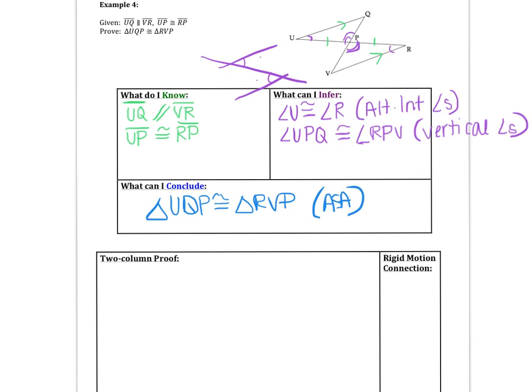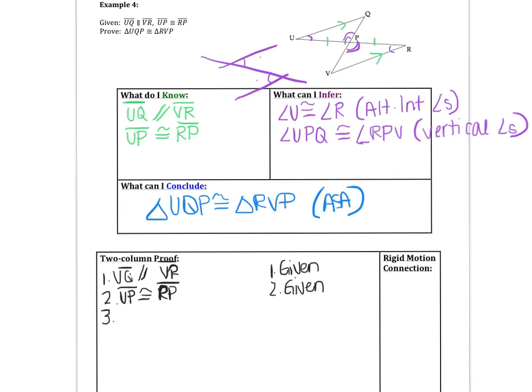So my proof should say UQ is parallel to VR. It's given. UP is congruent to RP, also given.